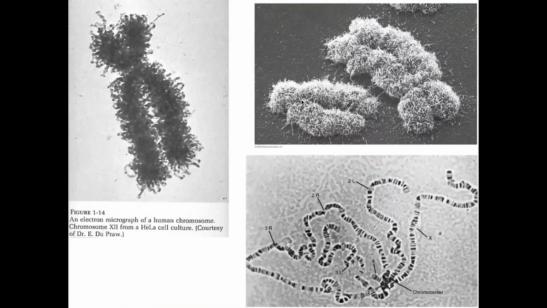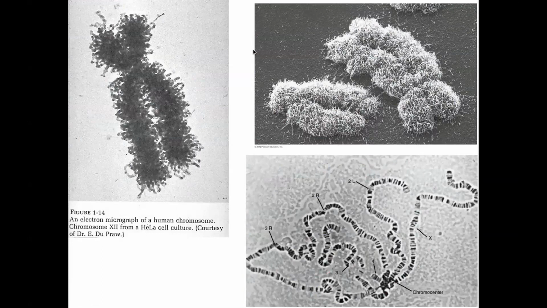So just to give you an idea of the greater level of complexity for these eukaryotic chromosomes compared to what I described for the prokaryotic chromosome earlier, these two representations here are human chromosomes as viewed under the electron microscope, different ways of preparing the chromosomes so that they can be visualized under an electron microscope.